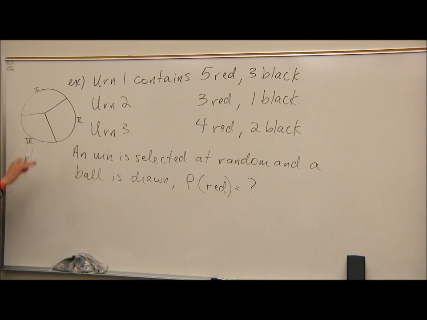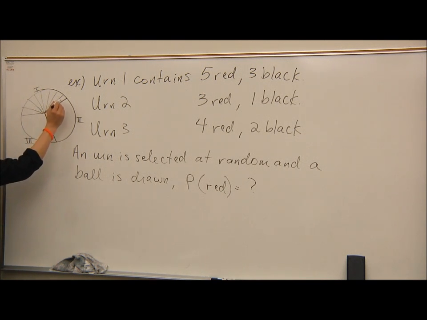So urn 1 contains 5 red and 3 black. So if I split this up into 8 equal segments, 5 of them are red and 3 of them are black, okay? And then urn 2, we have 4 segments, where 3 are red and 1 is black. Okay, so I'm going to try my best to do this. So urn 1, I'm going to try to split up into 8 segments. 1, 2, 3, 4, 5, 6, 7, 8.